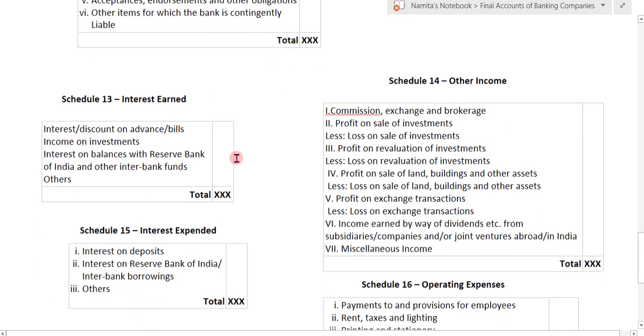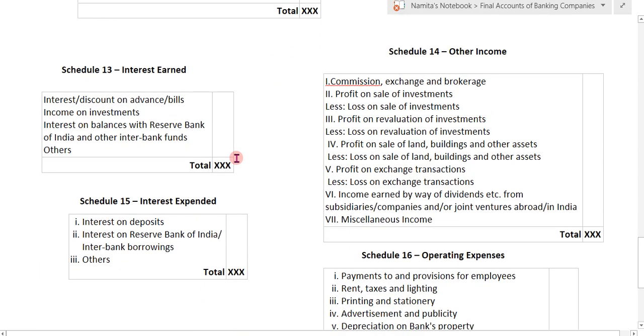Now we'll move to the schedules of the profit and loss account. On the income side, there are 2 schedules: schedule number 13, interest earned, and schedule number 14, other income. The bank earns interest on the advances given to customers.